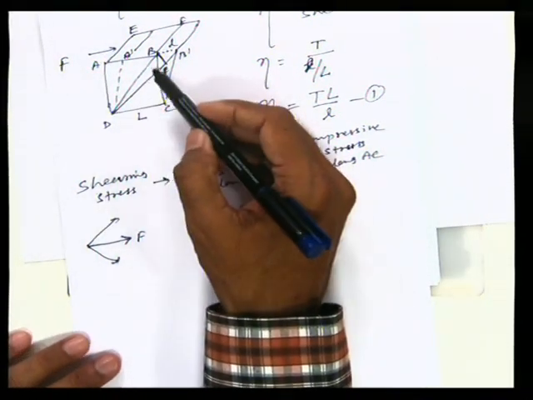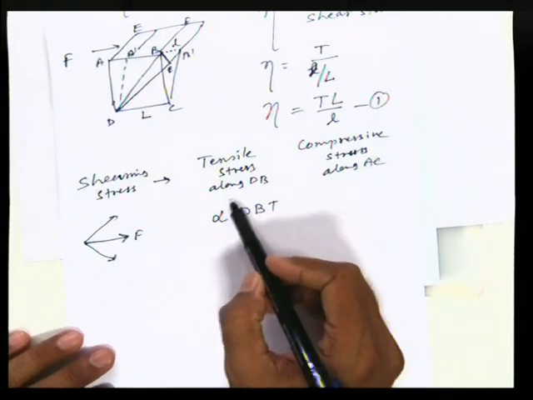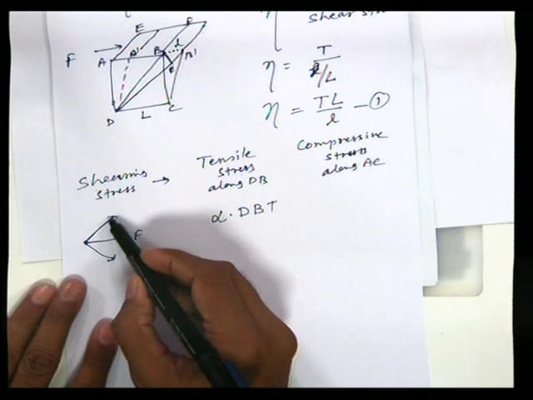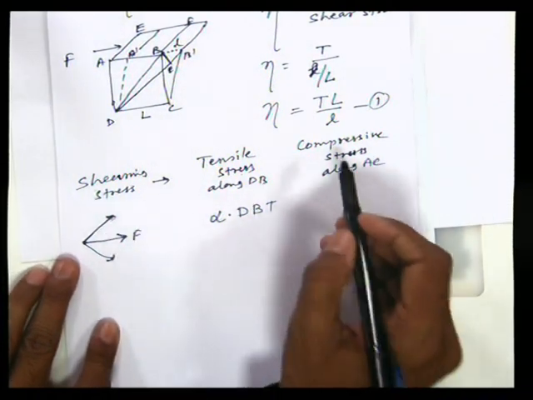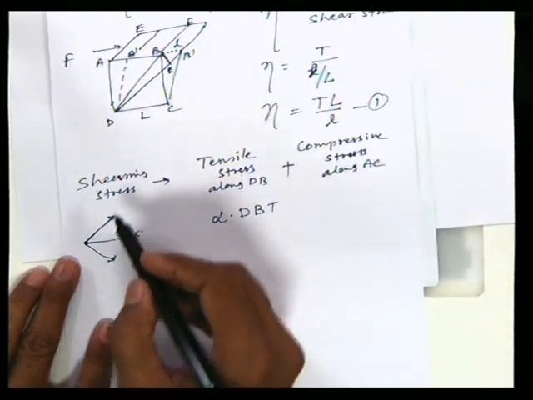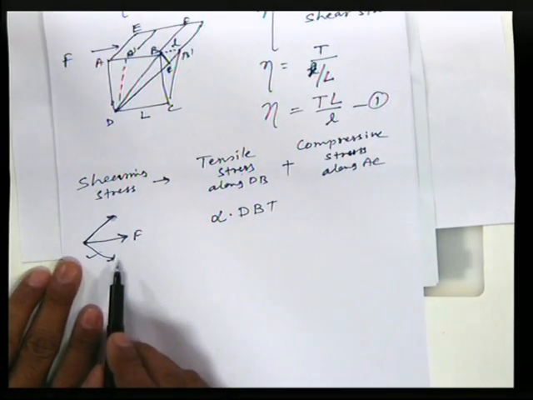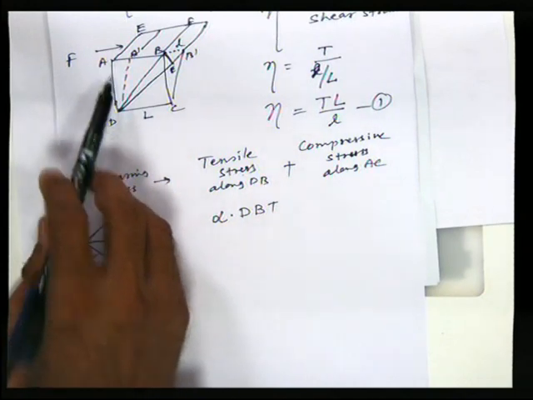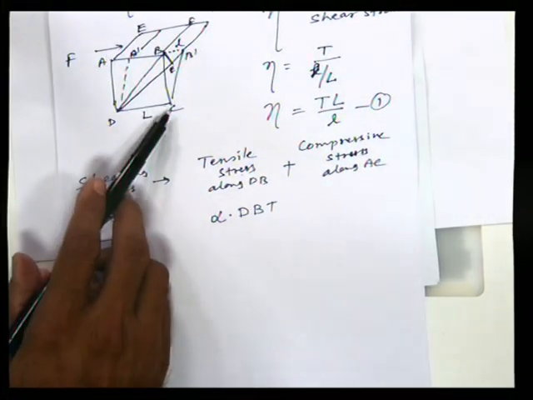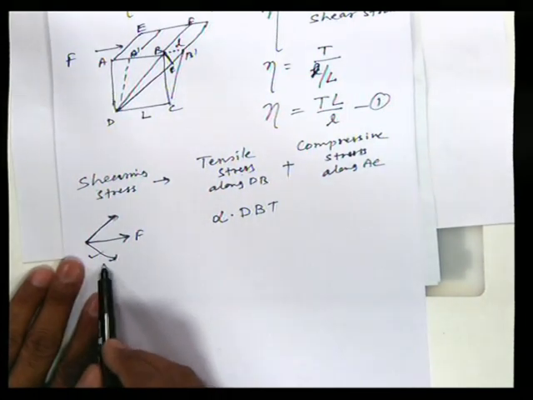So the increase in diagonal is due to tensile stress along dB, and this stress is due to this component of force. Second is compressive stress. Now compressive stress means this portion of force, because this compressive stress is applied along AC and AC is parallel to this axis.